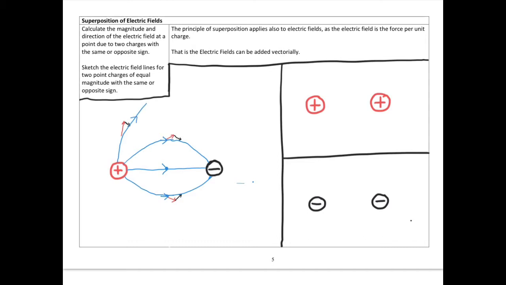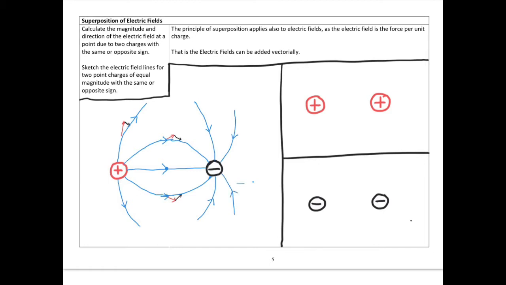Okay, and we could keep going. I won't show the working for all of them. This shows that the electric field shape due to an isolated positive and a negative charge would look like this.